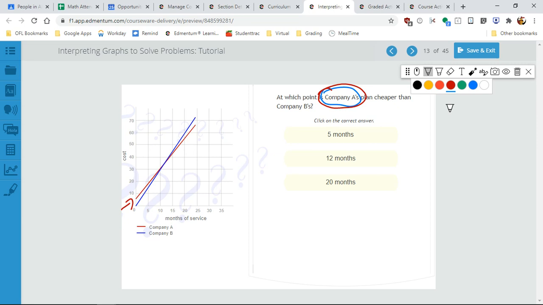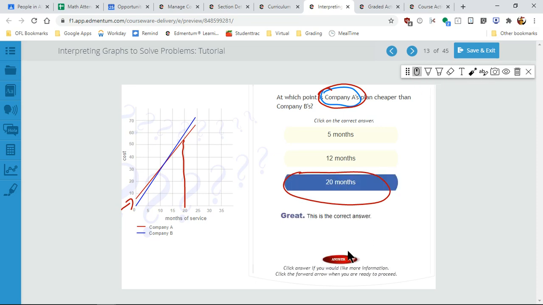But then once I get to in between 10 and 15, it becomes cheaper. So at about 20 months, I know it's cheaper for a fact, because if I go up from 20, I hit company A before I hit company B. So I'm paying less money for company A at 20 months.